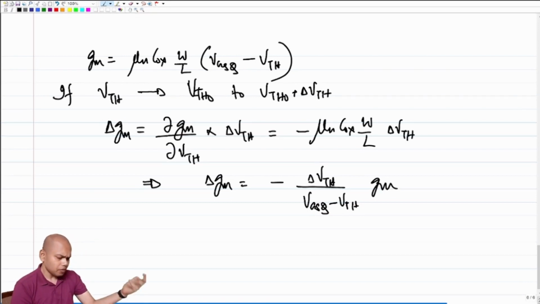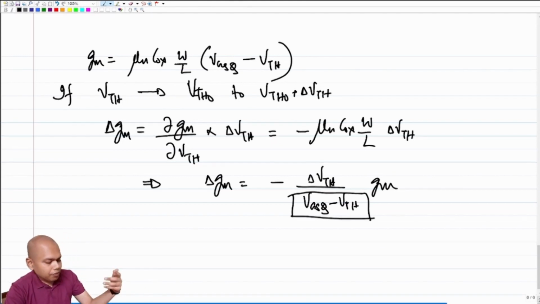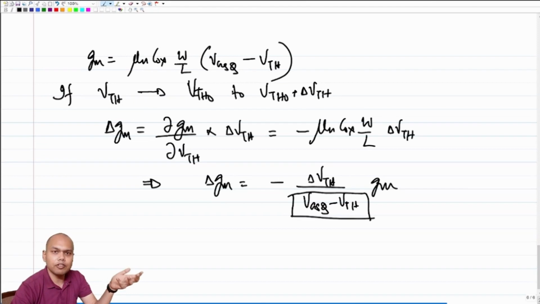So one might argue that if I want to reduce the effect of change of Gm due to change in threshold voltage, what should I do? I should bias the transistor with as high an overdrive as possible. But what are the side effects of biasing a transistor with high overdrive? We already saw in one of the earlier lectures that if you bias your transistor with a high overdrive, then you lose on the available swing at the output.